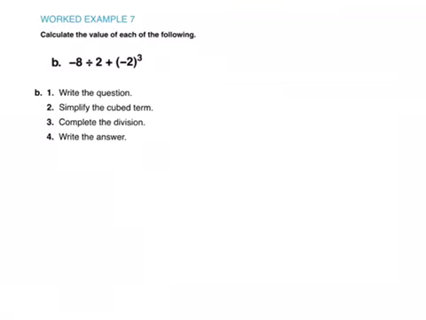Again, remembering our order of operation, which is BIDMAS. Just to remind you, it's the brackets first and then indices, division, multiplication from left to right, addition, subtraction from left to right. So here what do we need to do?